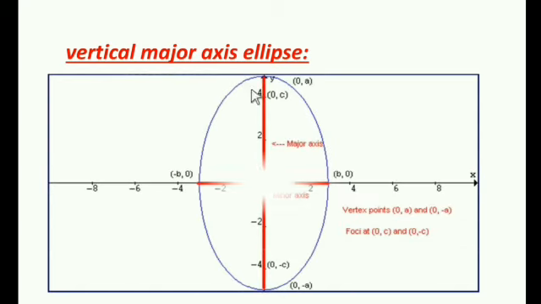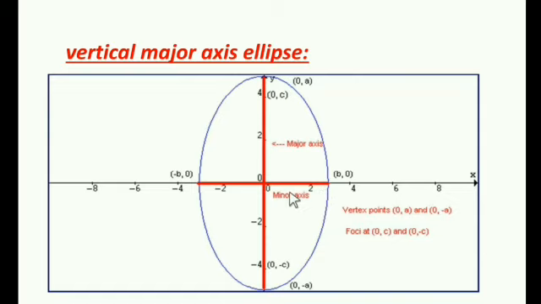Vertical ellipse: what will happen when the major axis is along the y-axis? Look at this diagram. This is another shape of ellipse, which is called a vertical ellipse. This is the major axis, which is along the y-axis, and this one is the minor axis, which is along the x-axis.